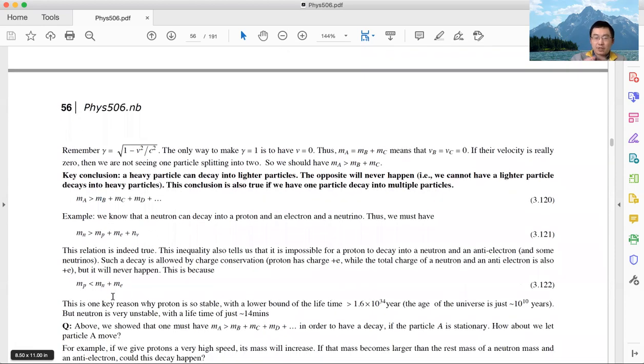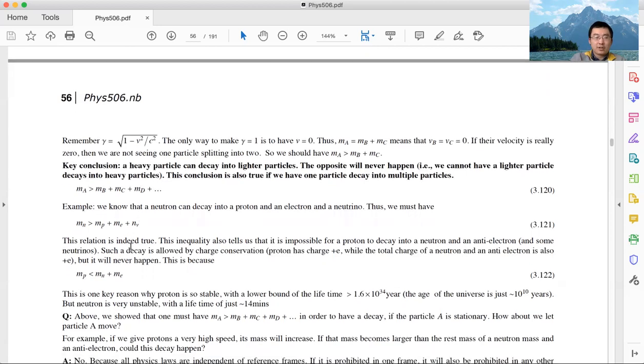In our universe, neutron actually has a quite short lifetime. If you have a free neutron, it will quickly decay into a proton and electron and give out some neutrinos, because the mass goes down in this decay. But the other way doesn't work. Proton never decays into a neutron and electron.